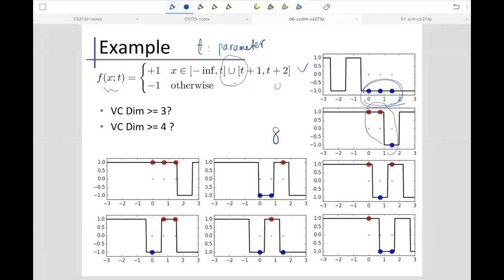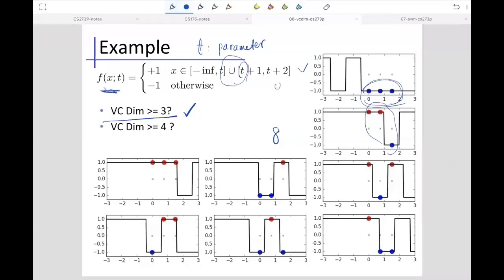And you can see that you can choose this parameter such that it can correctly classify all 8 possible label assignments. For that reason, we know that the VC dimension of this model is at least 3, greater than or equal to 3.